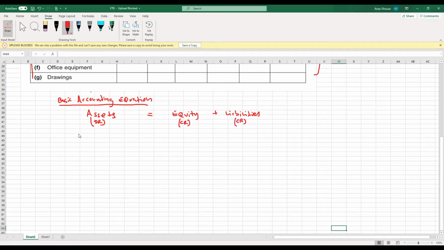If you expand this equation further: assets equals equity plus profits, plus liabilities.